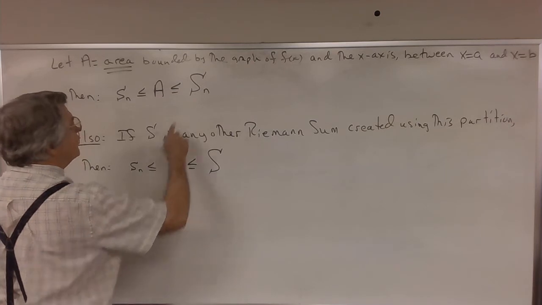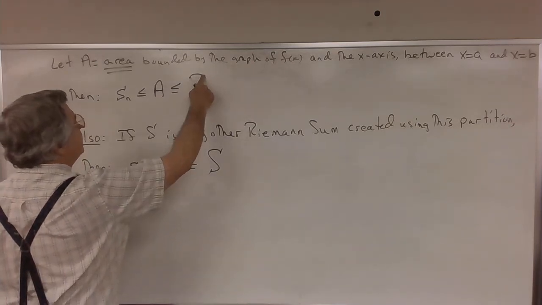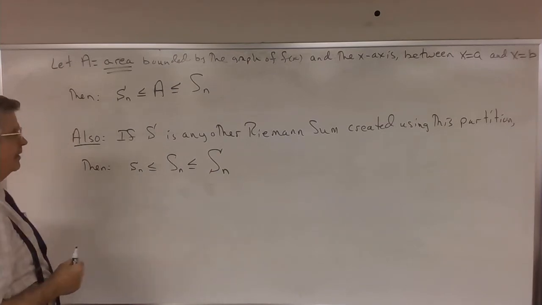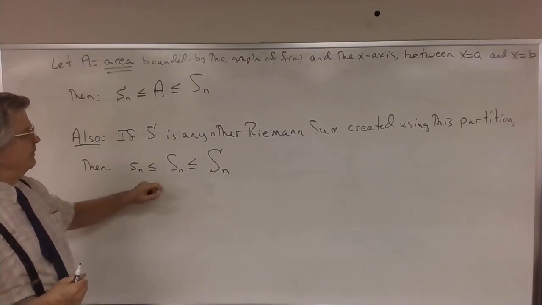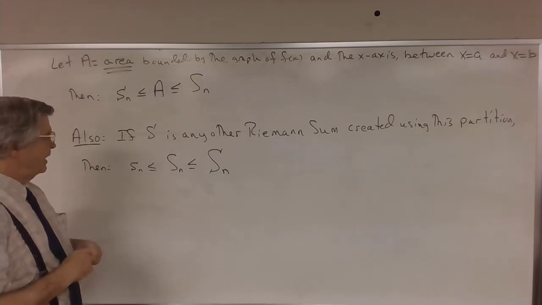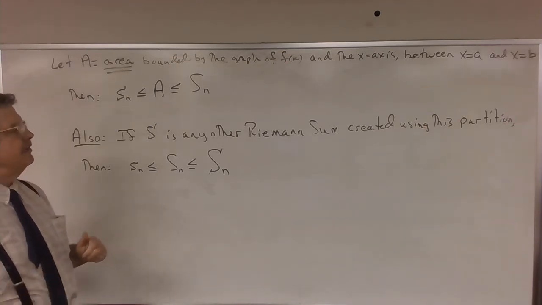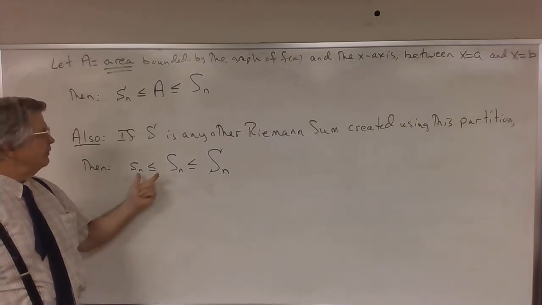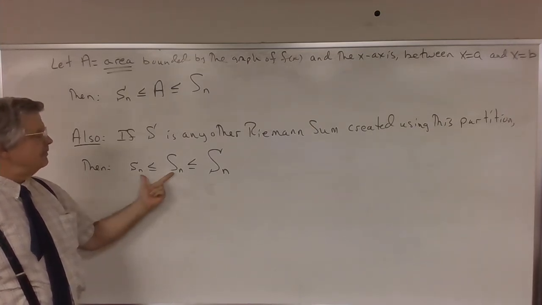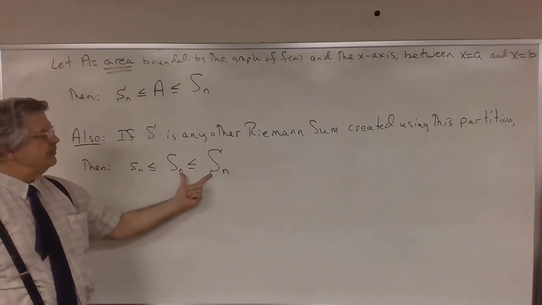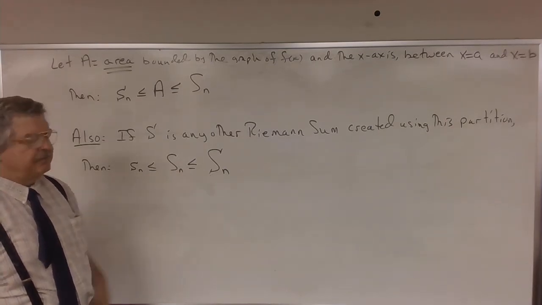Tell you what, let me just call this regular S sub n. Not a fancy S, just a regular S. Any other Riemann sum that we create using this same partition is going to be greater than or equal to the lower Riemann sum and less than or equal to the upper Riemann sum.